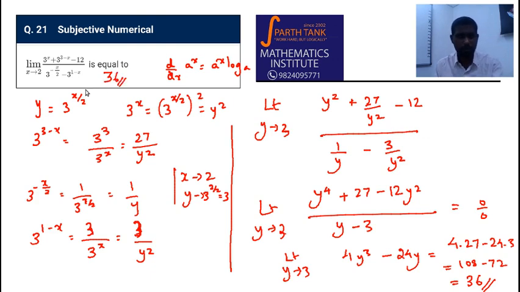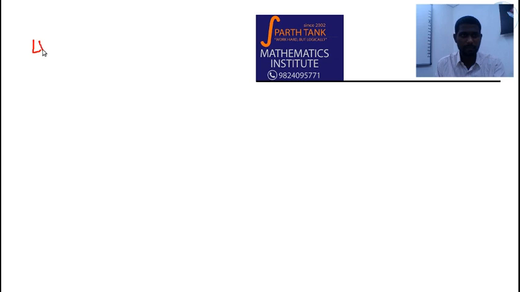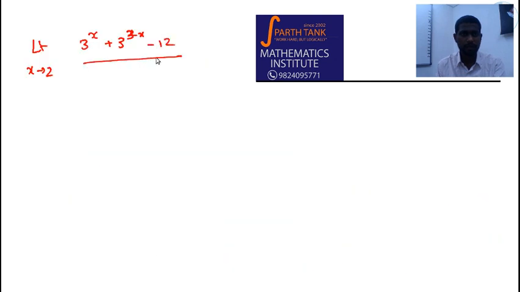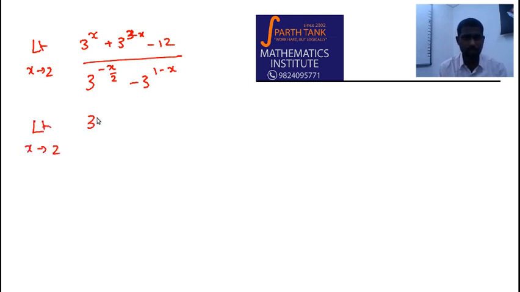Just for the sake of completeness, let me show you how to do it the other way also. That is basically 3 to the power x plus 3 to the power 3 minus x minus 12 divided by 3 to the power minus x by 2 minus 3 to the power 1 minus x. So remember, if I go straight ahead with L'Hospital's rule, 3 to the power x when differentiated becomes 3 to the power x log 3.